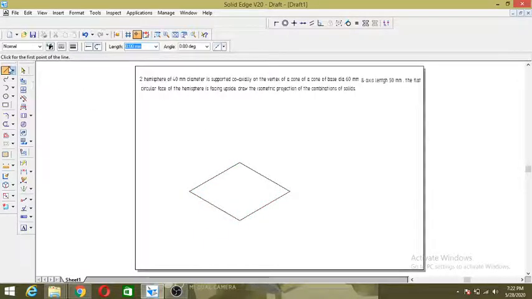After that, join the opposite corners. These are the two opposite lines for this corner.